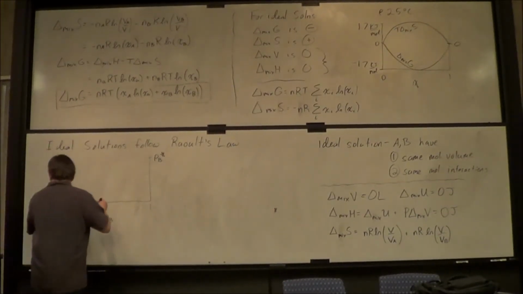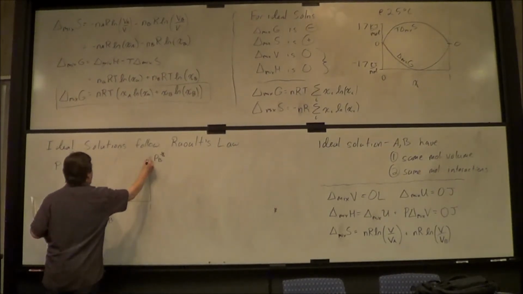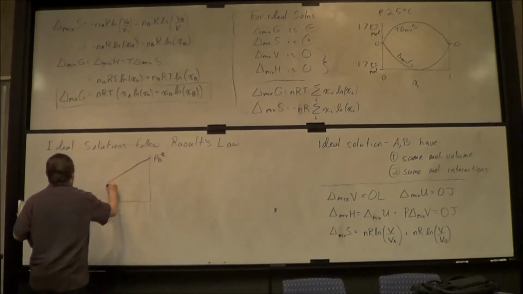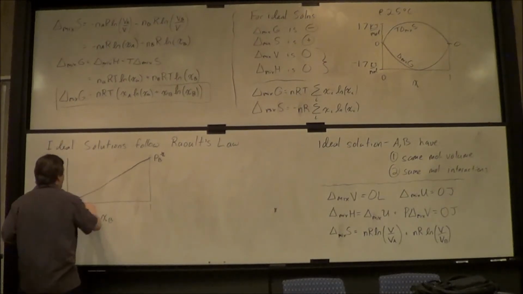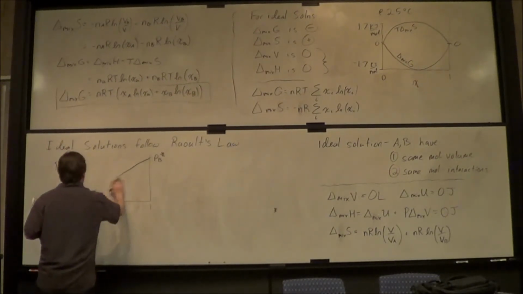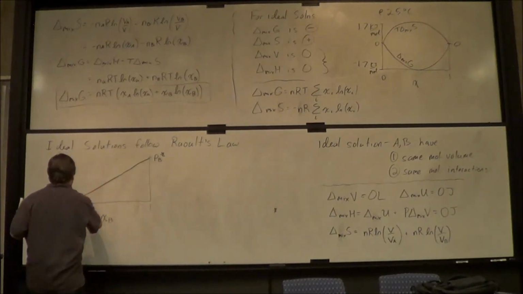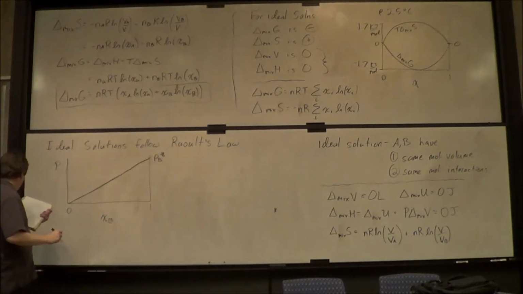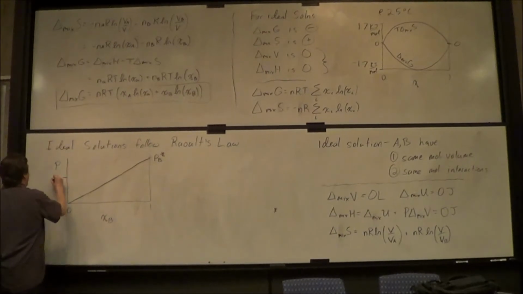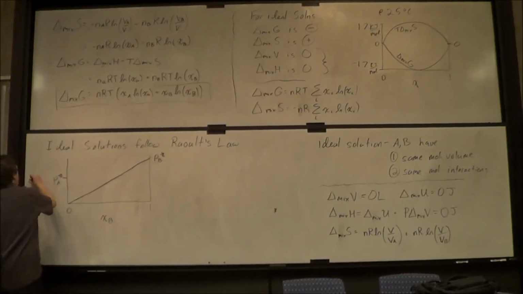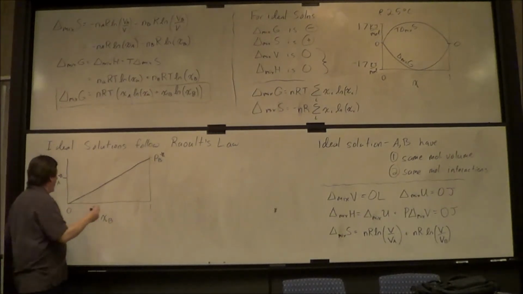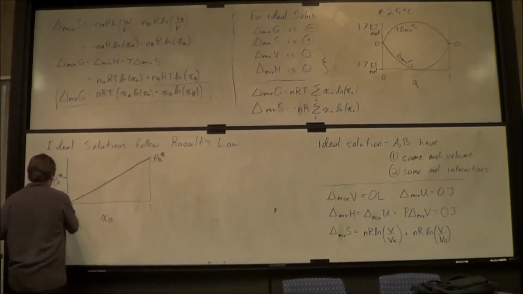Raoult's law says that it's going to be a straight line. Ideal solutions will make a straight line with composition. That's not the worst straight line I ever drew. There we go. Okay, that's a straight line. And partial pressure of A is there, and of course this is 0 here.